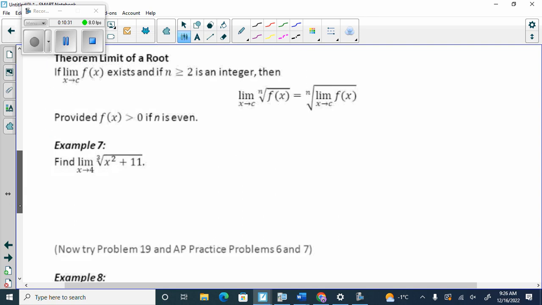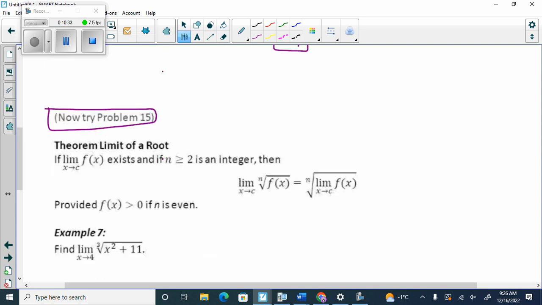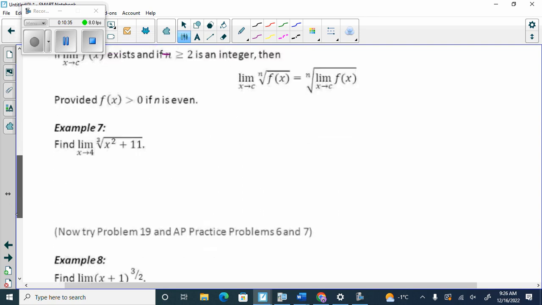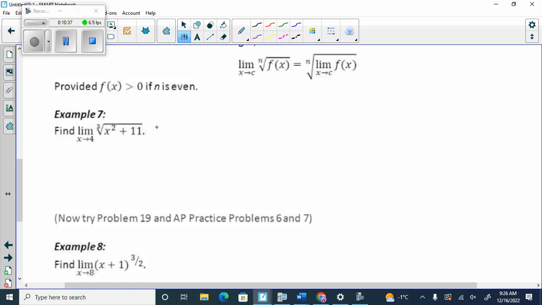So what does that mean? That means I can do it this way, or this should be the same as the limit as x approaches 4 of x squared plus 11, cube rooted.